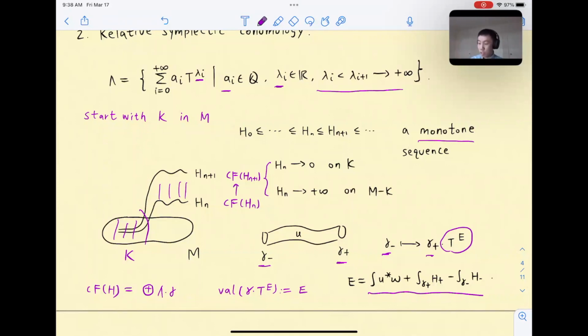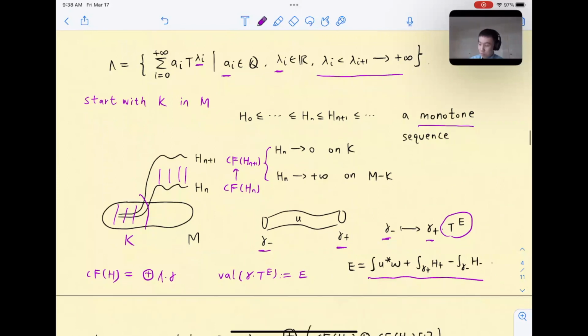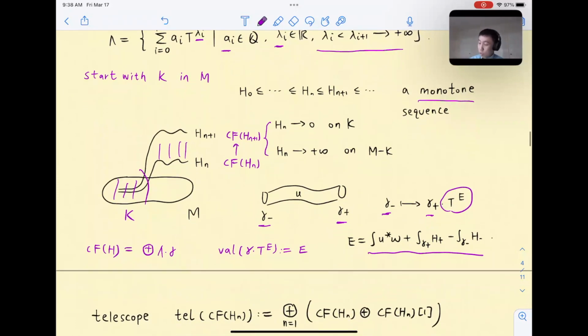By using this monotonicity, we can make this number non-negative. Then we can define those Floer differentials and Floer continuation maps, weighted by some powers of t. So then we have the sequence of Hamiltonian complexes.